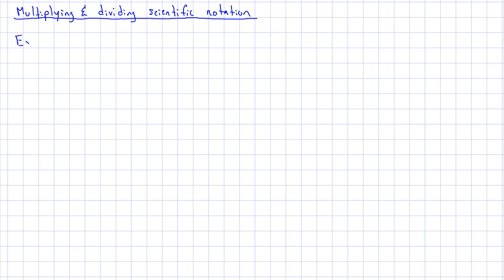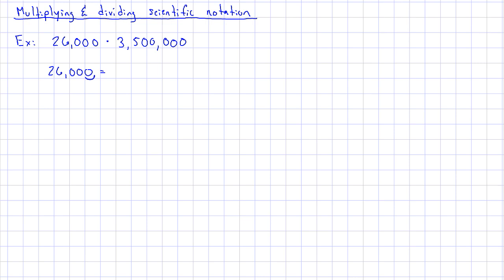So I will begin with, of course, an example. So let's consider 26,000 times 3,500,000. So the first step is I'm going to write both of these numbers in scientific notation. So 26,000, in order to convert to scientific notation, I'm going to count how many places I need to move my decimal.